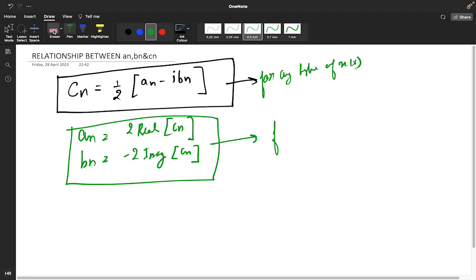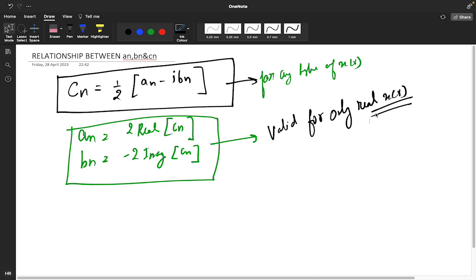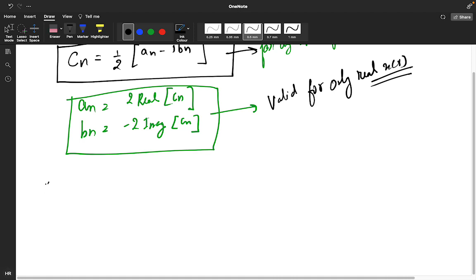Valid only for real signal. While solving the example we'll understand. Valid for only real x of t. So see example 1.